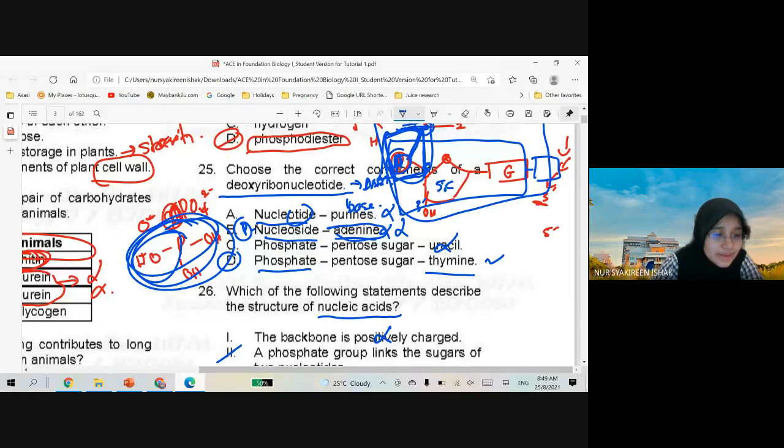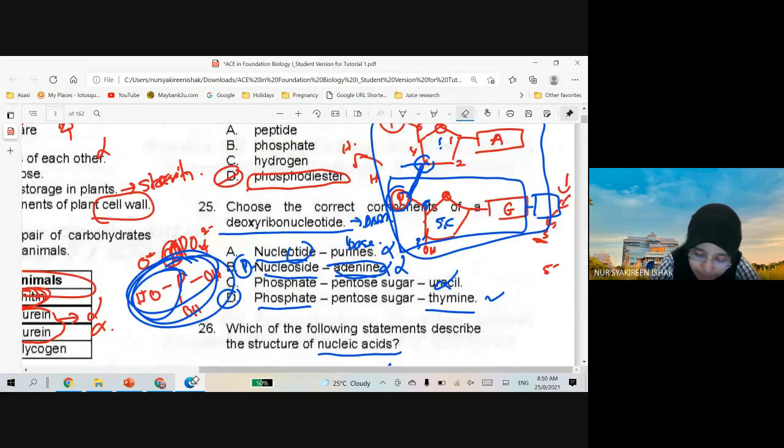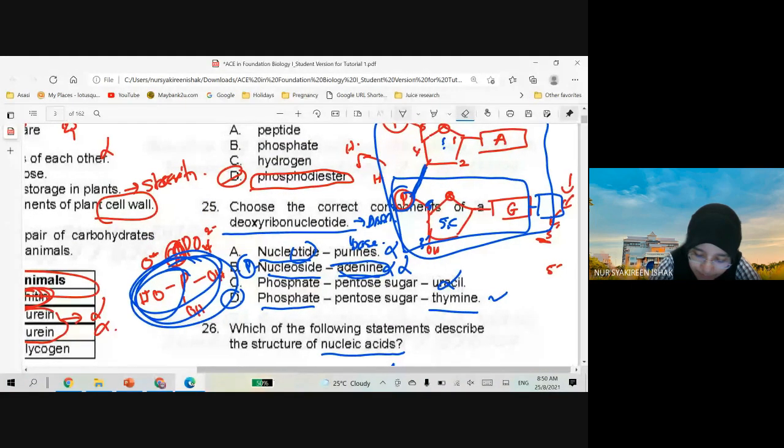Kena tahu macam mana nak label phosphodiester bond. Dalam exam dulu kalau tengok soalan-soalan past year, you have to know where to label. So kalau nak label, jangan circle the 2 carbon.